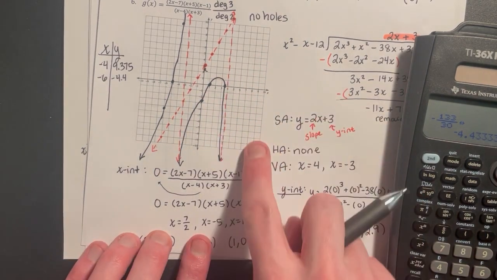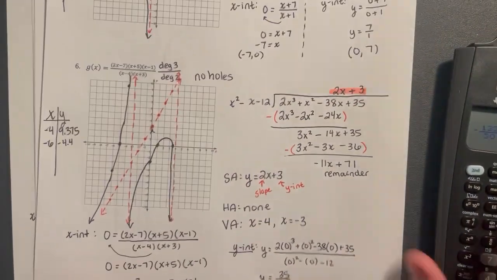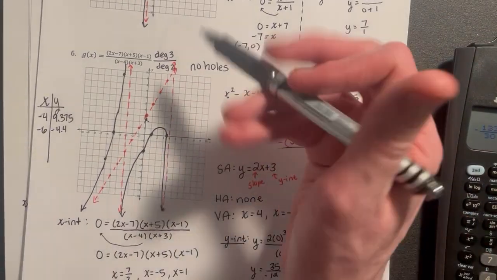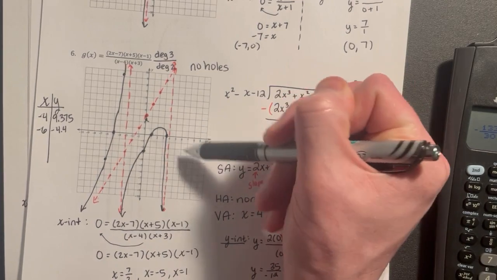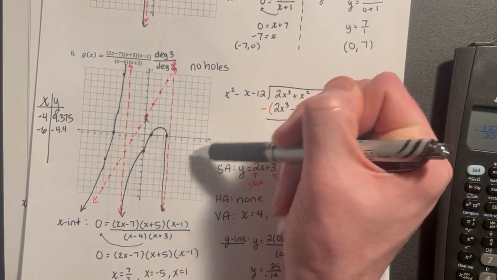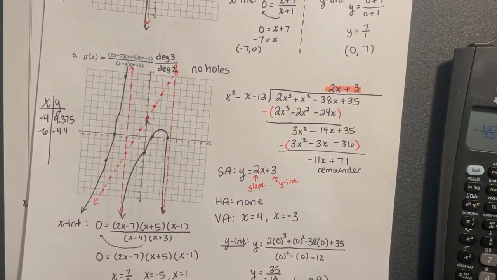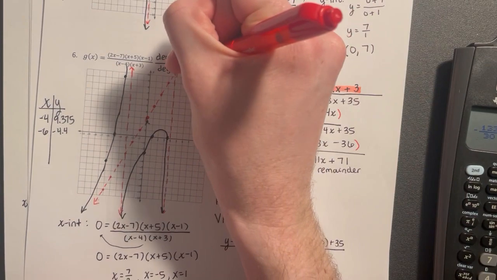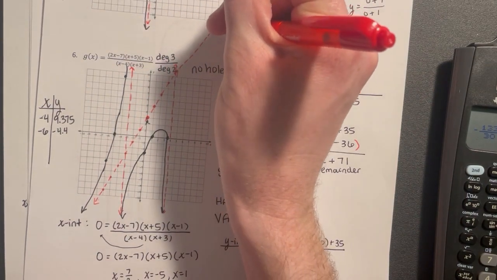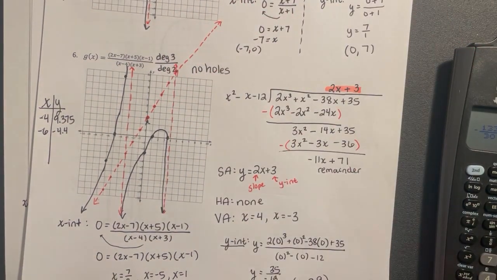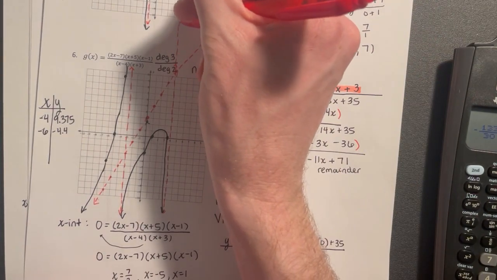All right, we've got this section over here to the right. One thing that I will use just for logic: we don't have any other x-intercepts, so there's no way that we're actually over in this section here, but there is a part of the graph that we're kind of off the grid for, so that slanted asymptote would still keep going up. This vertical asymptote would still keep going up.